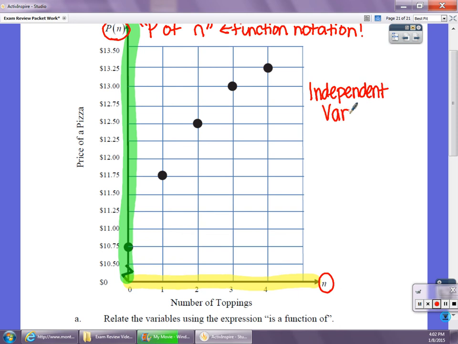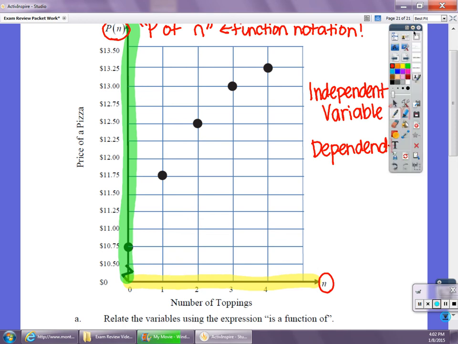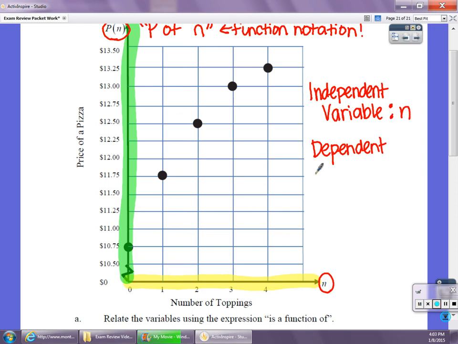My hint to you is that the independent variable is always on the horizontal axis. So we already know that n is our independent variable, which means that our dependent variable has to be p.